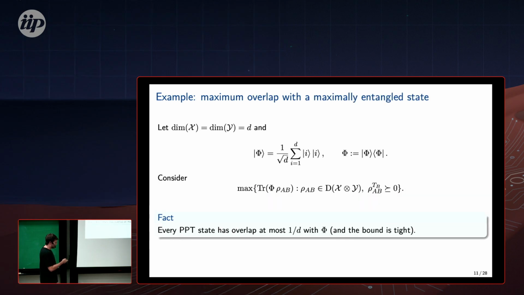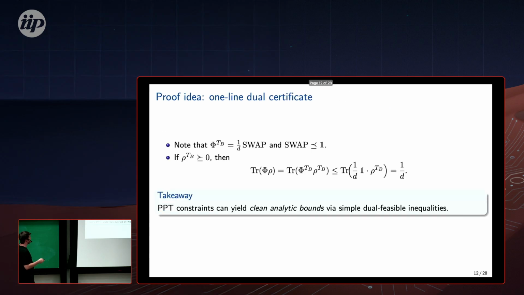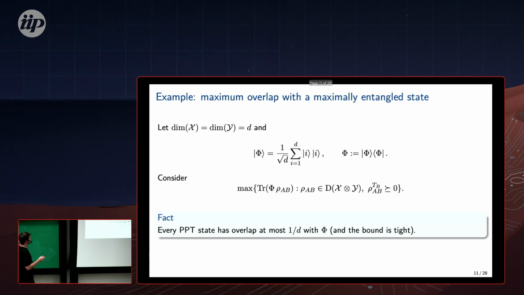So I just want to show you another neat example of what you can do with this kind of stuff. Imagine that you want to compute the maximal overlap of a separable state with the maximally entangled state.